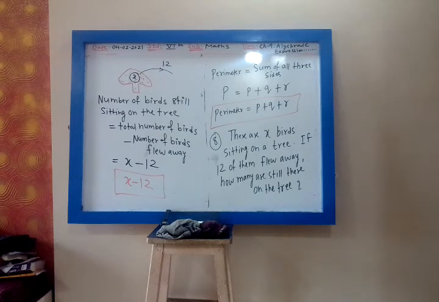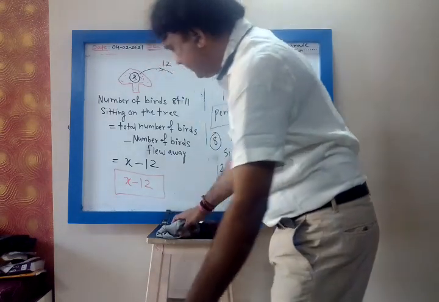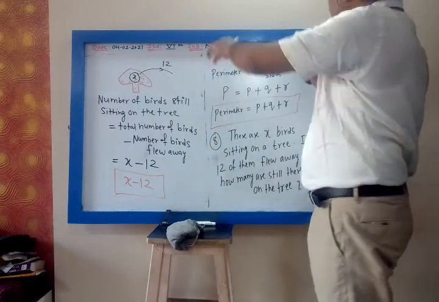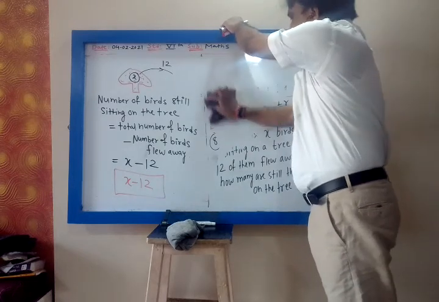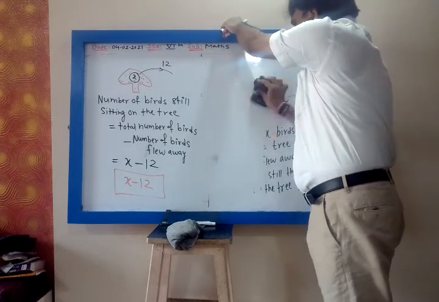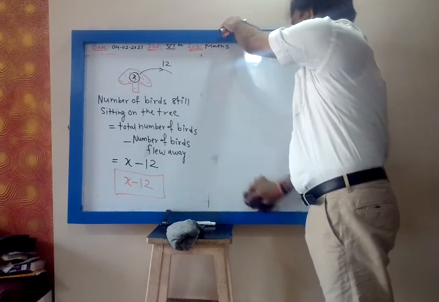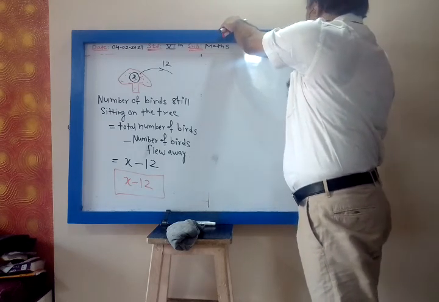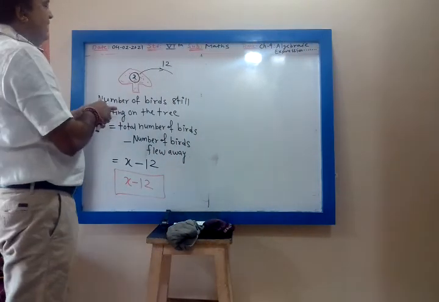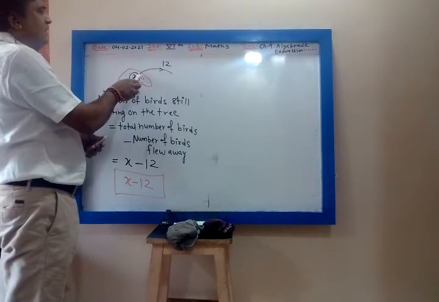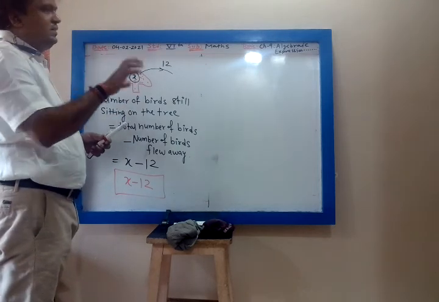Final answer: X minus 12. This X minus 12 is the number of birds still sitting on the tree. That means on the tree there are X number of birds.